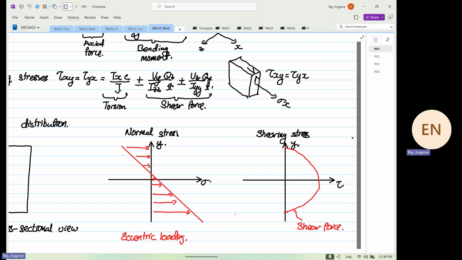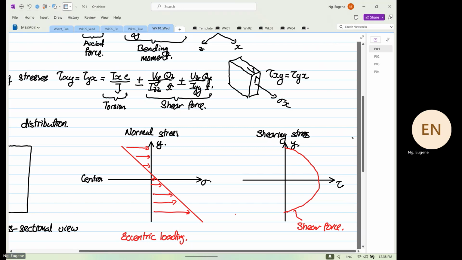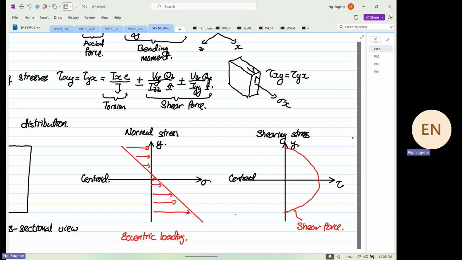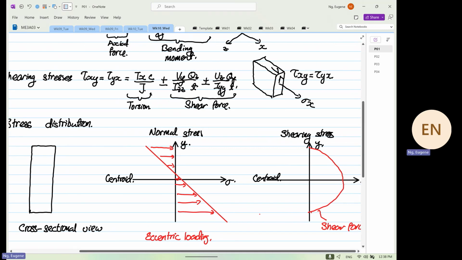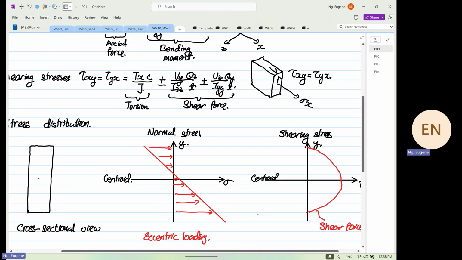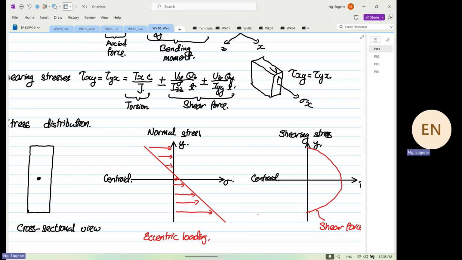So what we realize is at this position is our centroid. Okay. So if you look at the cross section, or at this point over here, what we realize is that the normal stress is approximately equal to 0.